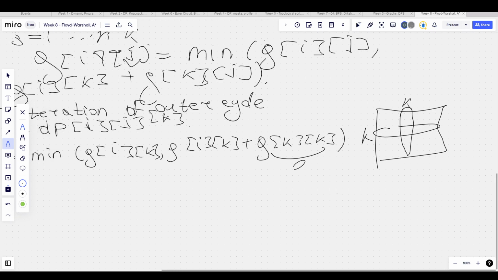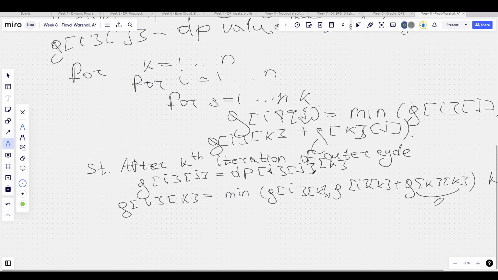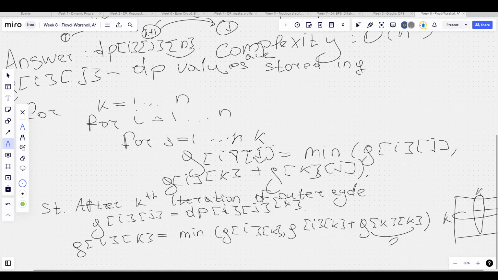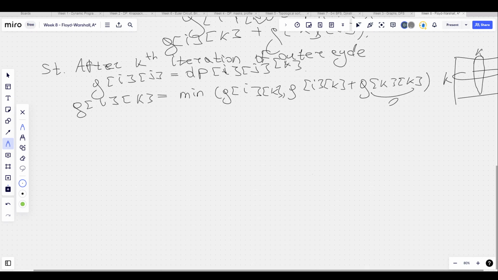That's why we can calculate our dp in such a way.